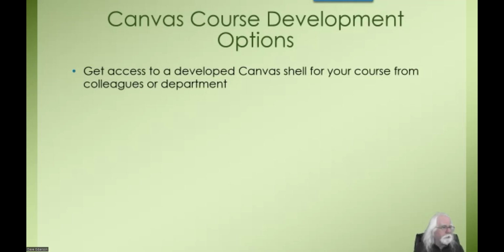It'd be wonderful if you could get access to a developed Canvas shell for your course from a colleague or from your department. Some departments maintain collections of rudimentary developed Canvas shells that they supply to people teaching those courses, that they can start with and then customize to meet their own desires.